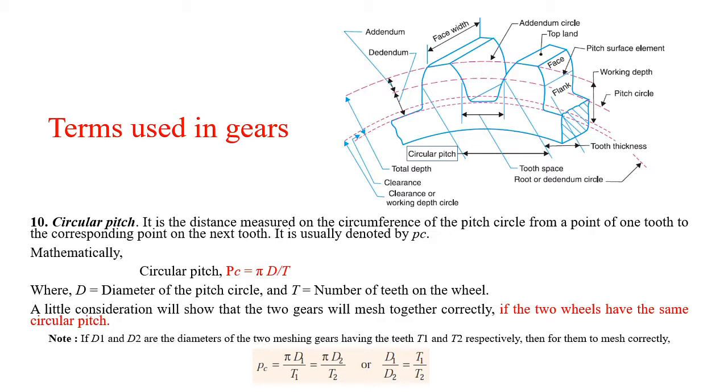Note that if D1 and D2 are the diameters of two meshing gears and T1 and T2 are the teeth respectively, then for them to mesh correctly, the ratio D1 by D2 should be equal to T1 by T2, because pi will get cancelled for these two gears. If circular pitch PC is the same, then this ratio must be the same, that is D1 upon D2 is equal to T1 upon T2. Remember this also for the calculations and objective questions asked in the GATE exam.